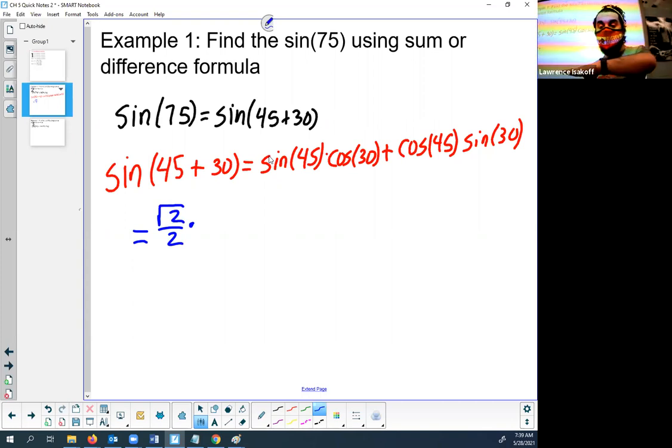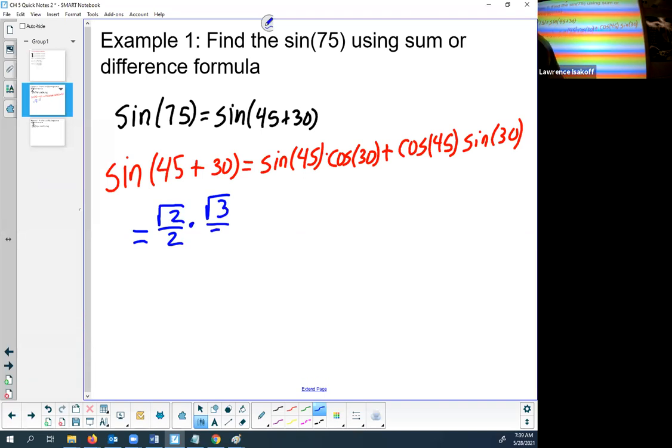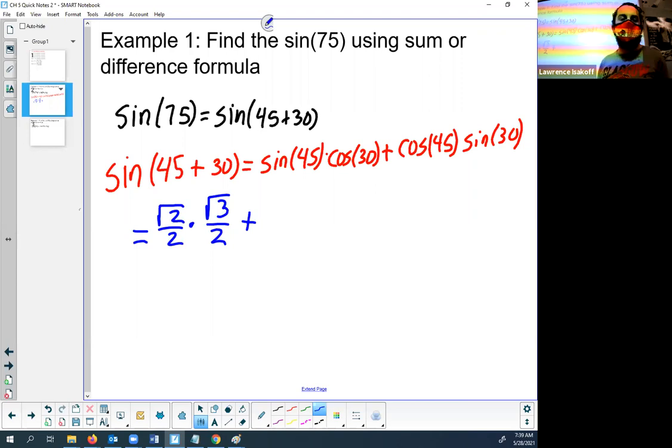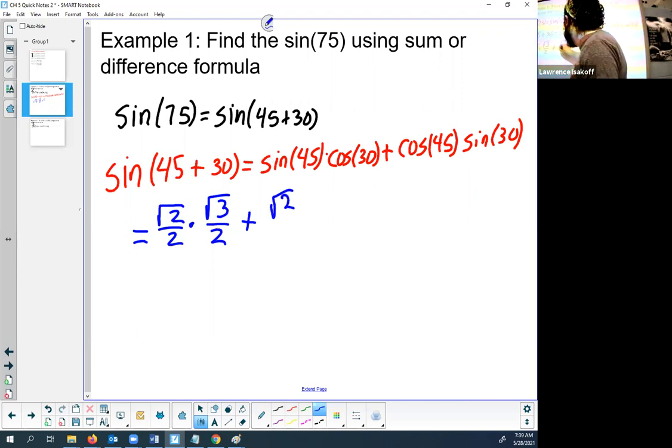Cosine starts at 1 because it's our x value, so that means we're counting down. So that would be root 3 over 2. Plus, now cosine of 45, well, that's another root 2 over 2. And then the sine of 30, again, sine starting at 0, so my first movement up to 30 degrees takes me to 1/2.